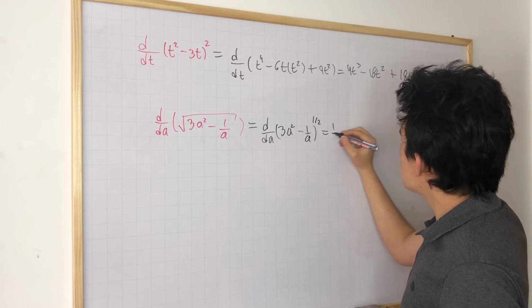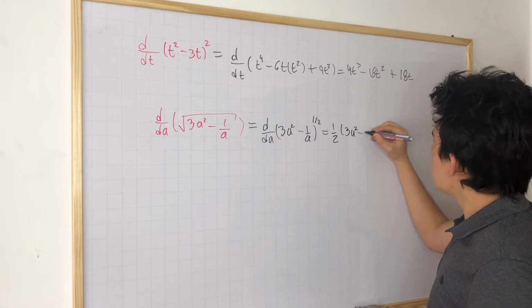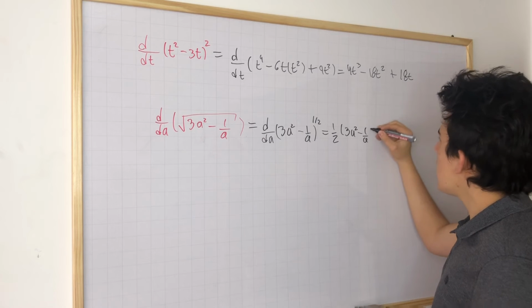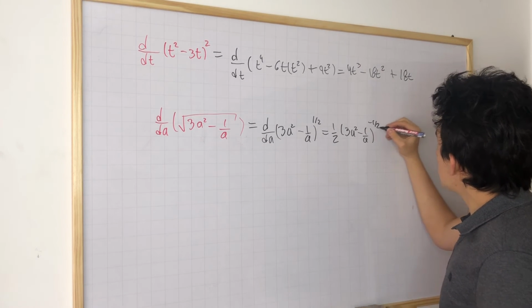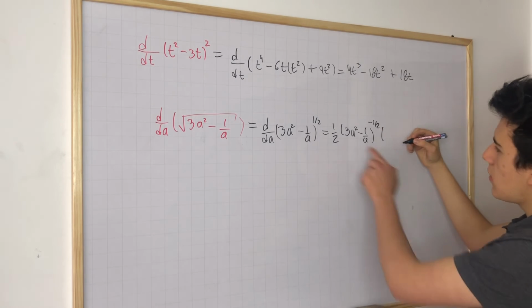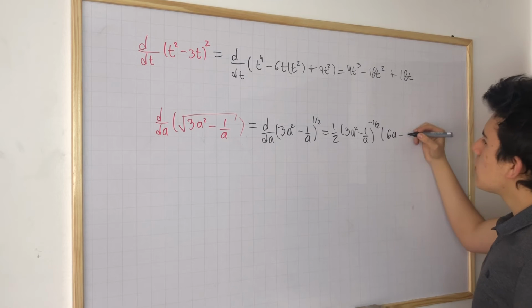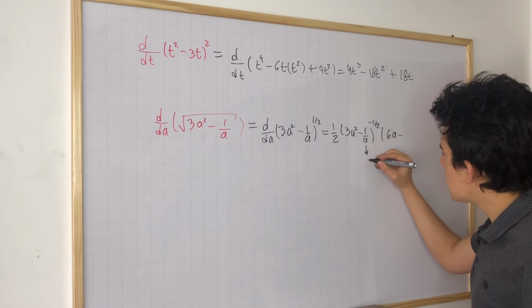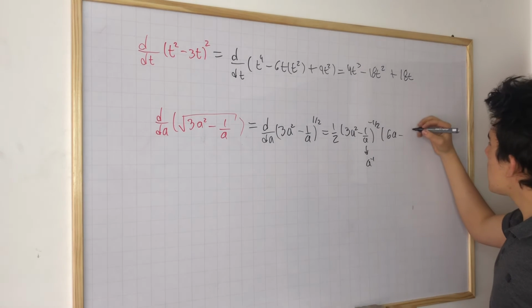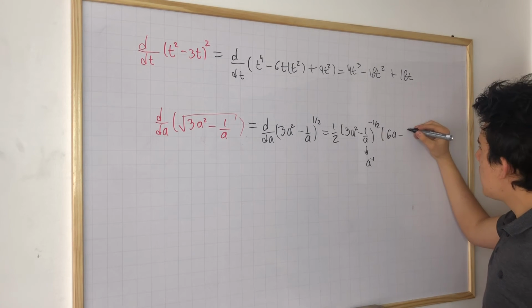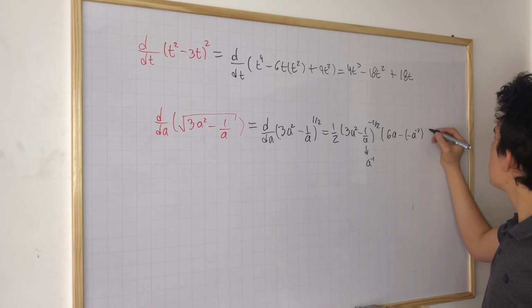And this is just simply going to be 1/2 times 3a squared minus 1 over a, to the minus 1/2, times the derivative of what we have on the inside, so 6a, minus the derivative of, this is just simply saying 1 over a is a to the negative 1, so the derivative would be minus a to the negative 2, okay?